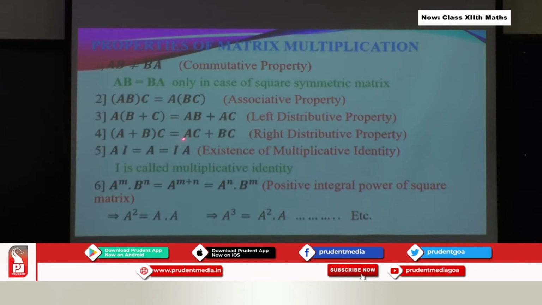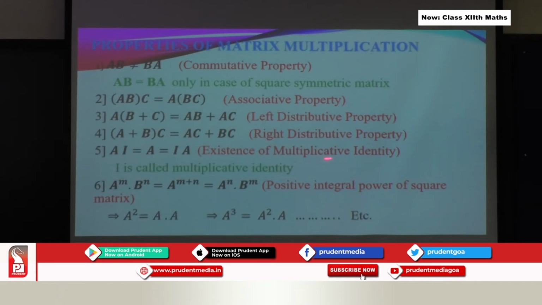So you are getting AC, not CA. From the right it is getting distributed, so AC plus BC. You cannot write CA, it is AC only. You cannot write CB, it is BC only. Why? Because the commutative property does not hold good here.